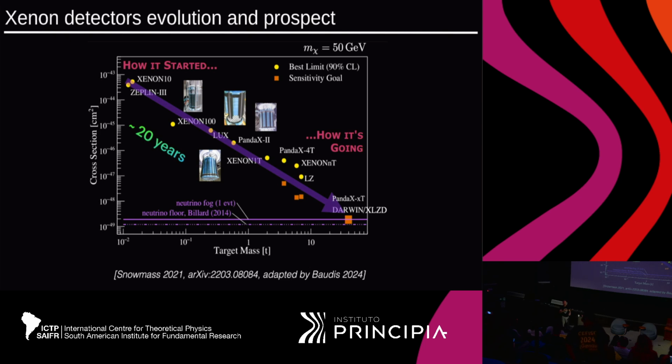And the better the experiment, the more sensitivity it has, and the lower you are able to go. The current record is by LZ, which is also an experiment using a xenon TPC, and the design is pretty much the same as what I discussed before. And then the red squares here are the planned experiments for the future.